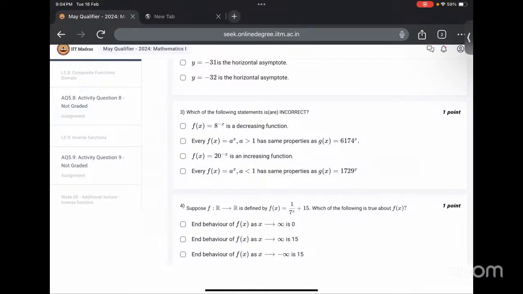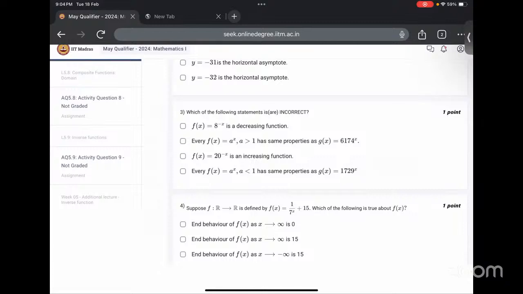Minus x means it is decreasing. It's 1 over a power x, a decreasing function. Similarly, the third option is again decreasing, so this is one incorrect answer. The second: a is positive, that means it is increasing, and the base is positive, so that function is also increasing.